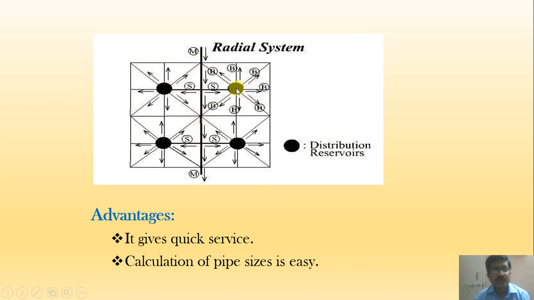And from a typical distribution point, these are the branches which act as radial lines. A similar pattern can be observed in this part as well. As these show a radial ray pattern, that's why it is called a radial system. Now what are the advantages? It gives quick service to the consumers. Calculation of the pipe sizes is easy.